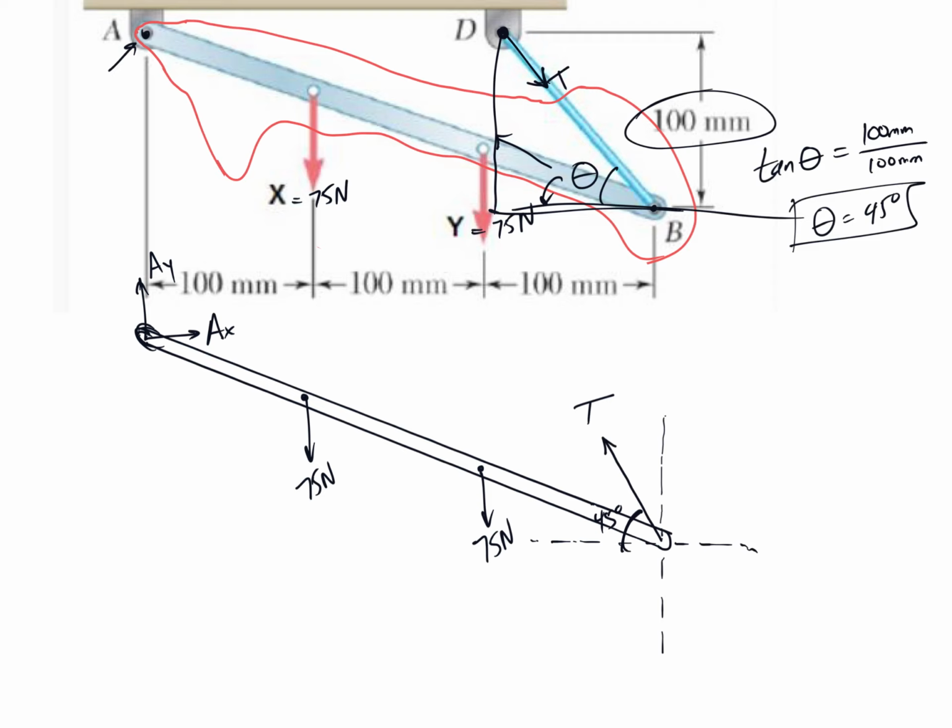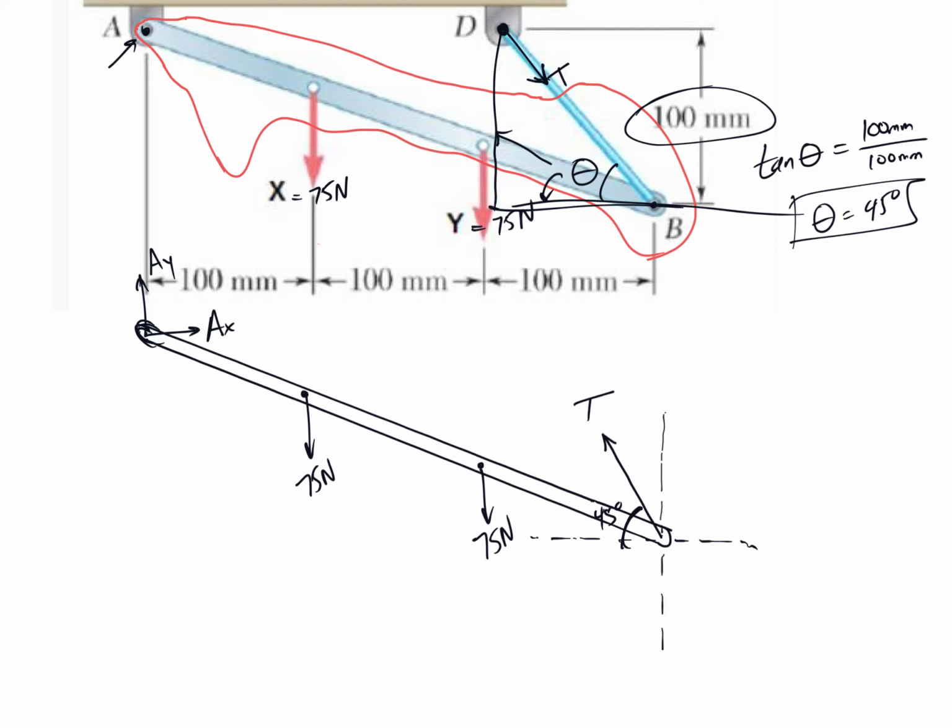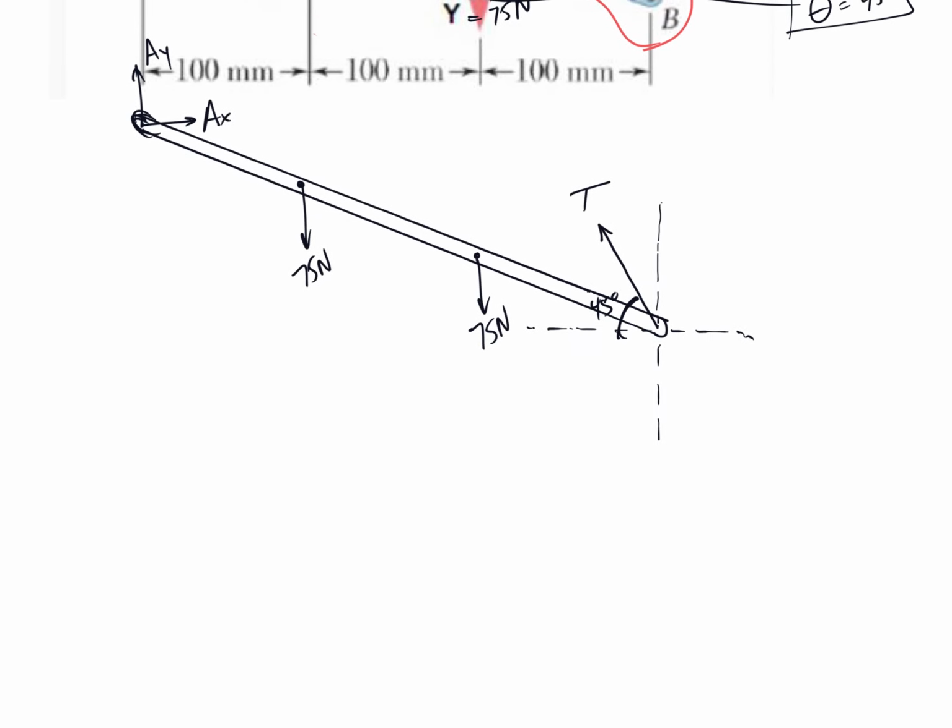AX and AY, I don't know what they are. I always assume they're positive if I don't know anything about them. Obviously, T I chose in the positive Y direction, but the negative X direction, because it's a cable, and cables can only pull. So if I end up getting a negative number there, then either there's something wrong with the problem, or more likely I'm in error. So let's hope that doesn't happen.